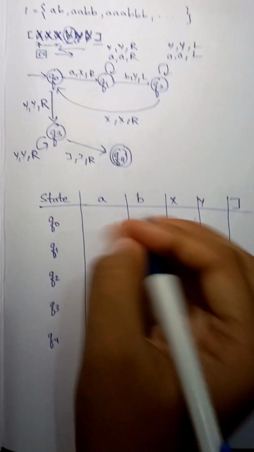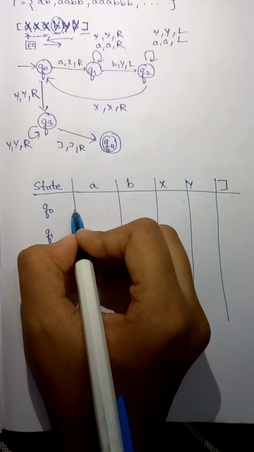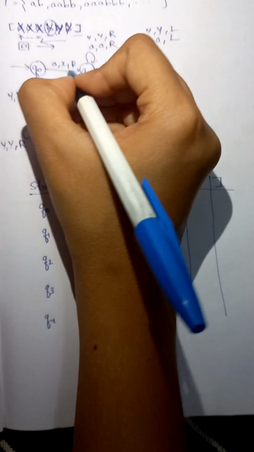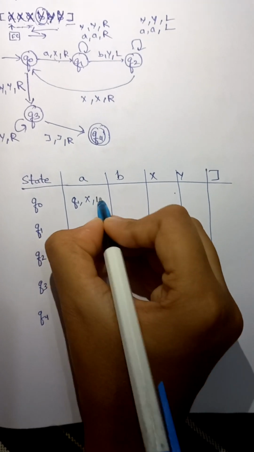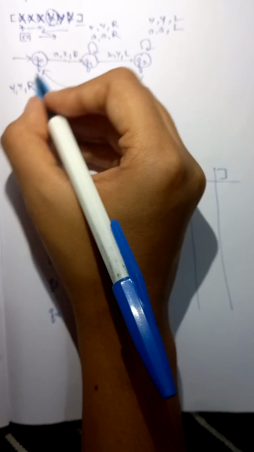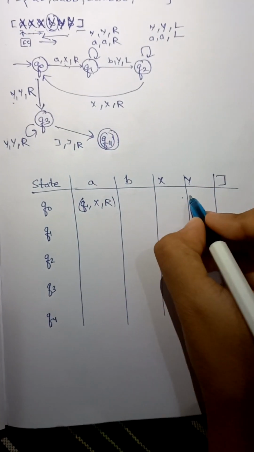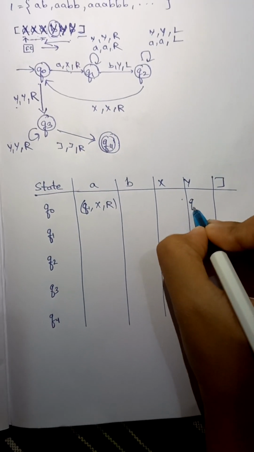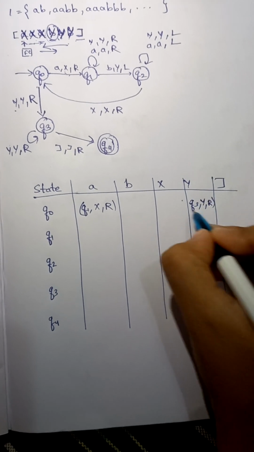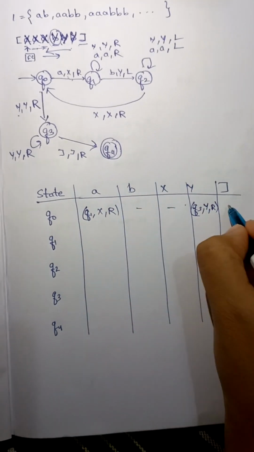So first, state Q0: when the input is A, it is going to state Q1, changing it to X, and the finite control moves towards right. And the other input for Q0 is capital Y. It goes to state Q3, keeping it as Y itself and moving towards right. There are no other inputs for state Q0.